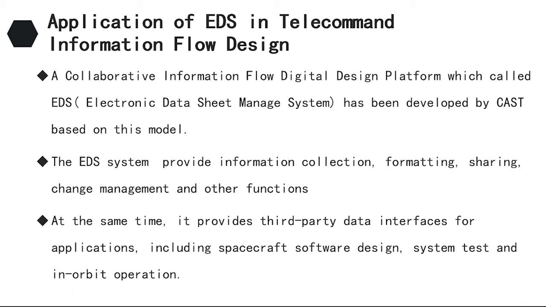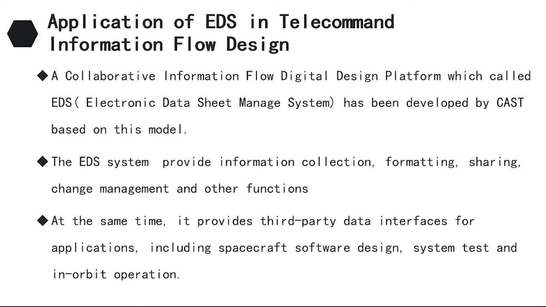A collaborative information flow digital design platform, called the EDI system, has been developed by CAST based on this model. The EDI system provides information collection, formatting, sharing, change management, and other functions.